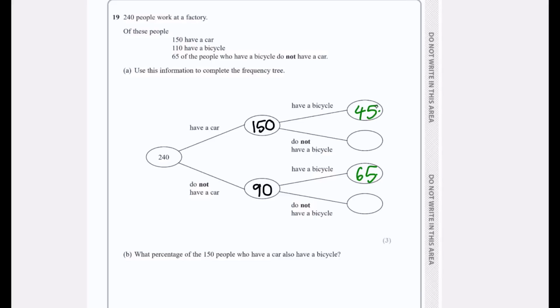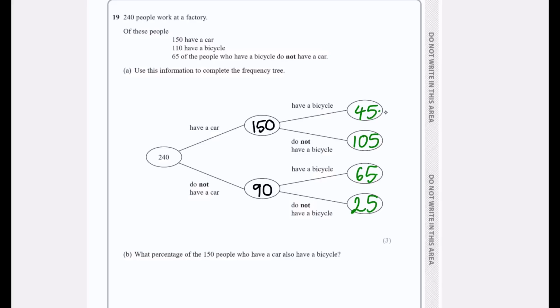So 150 take away 45 goes in this one, and 90 take away 65 will go in here, because these two numbers, for having a bicycle and not having a bicycle, must add up to 90, and the two at the top, the people that have a car, must add up to 150.